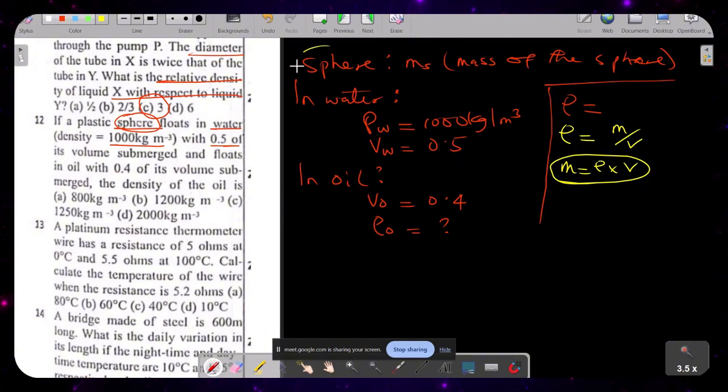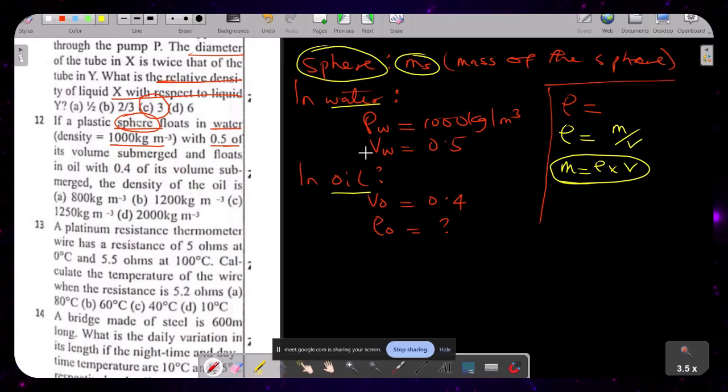Remember, they say that the same sphere we have here is put in water, and that same sphere is put in oil. Which means it's still going to be the same mass.